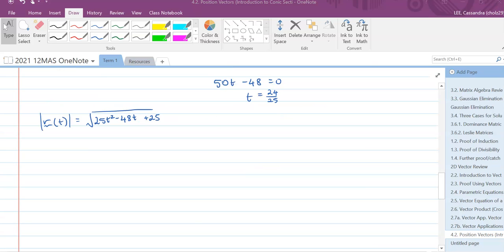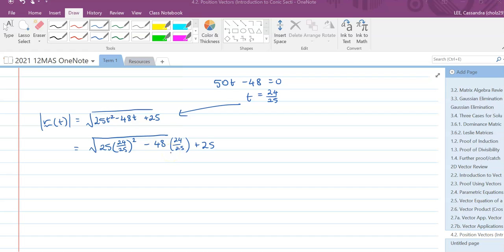The last thing I want to do is find the distance, so I'm going to substitute my value for t into my equation here. We're going to have the square root of (24/25)² − 48 times 24/25 + 25. Putting that into my calculator, I get a value of 7 over 5.